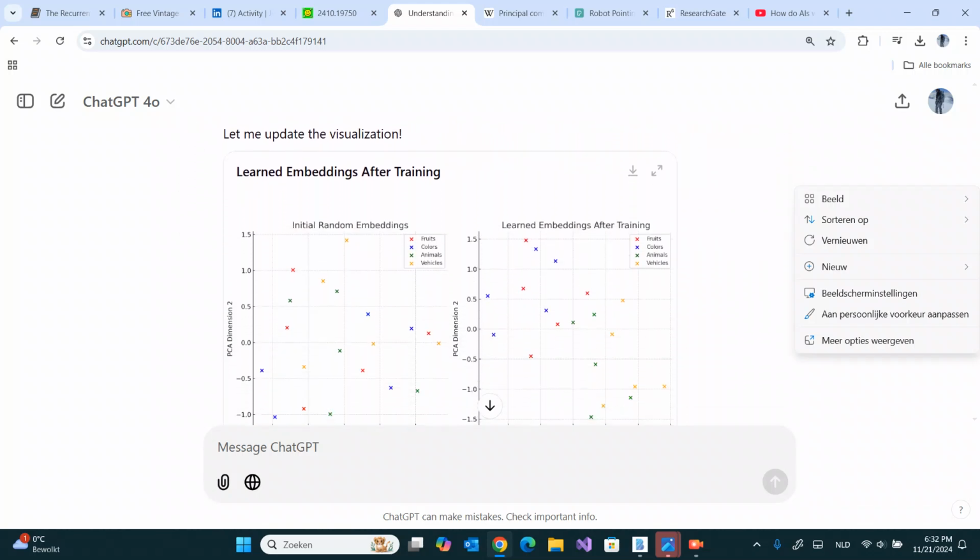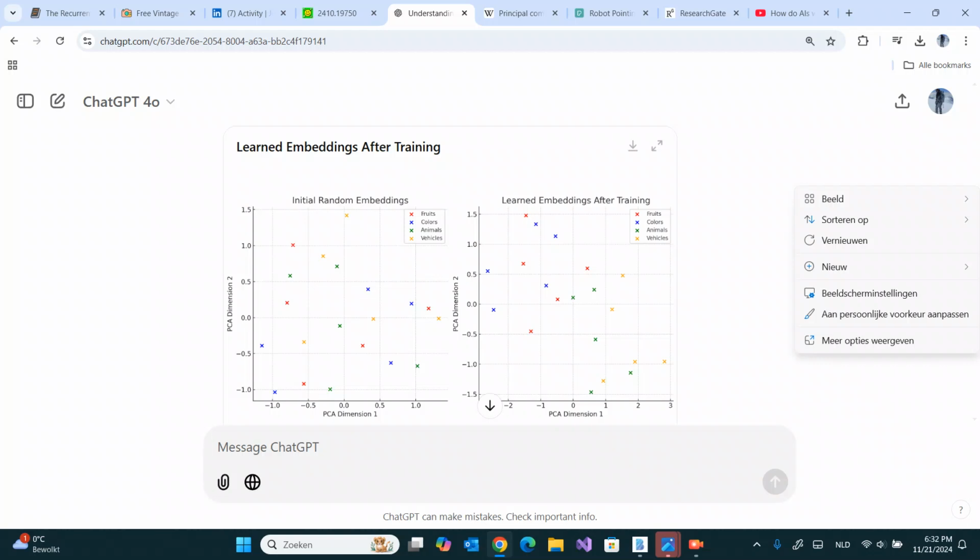So after a series, and that's very important, of learning, this machine will arrive at something probably not perfect, but sort of an internal clustering of properties, and these properties are purely mathematical. That will lead to it grouping the various objects into fruits, colors, animals, and vehicles, as shown by the colors here.